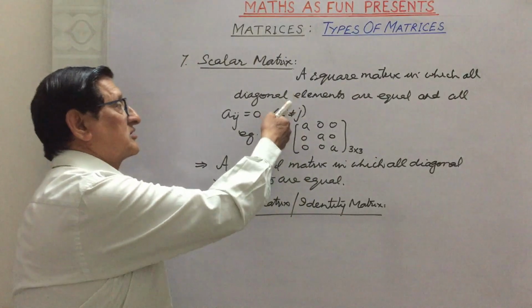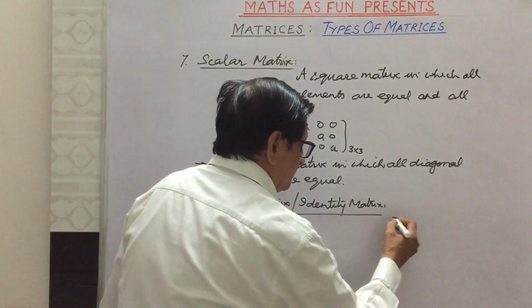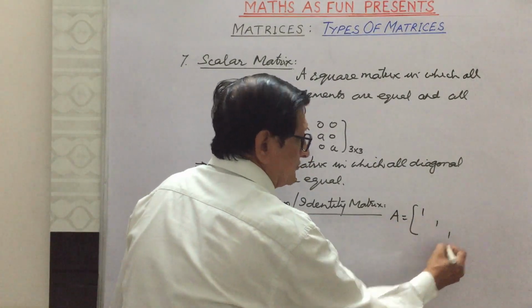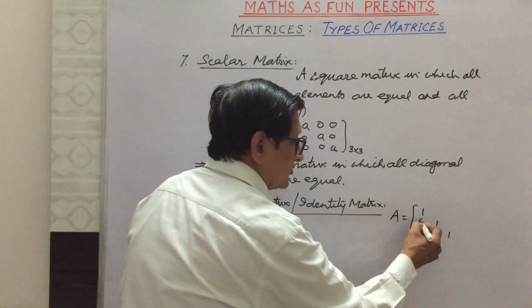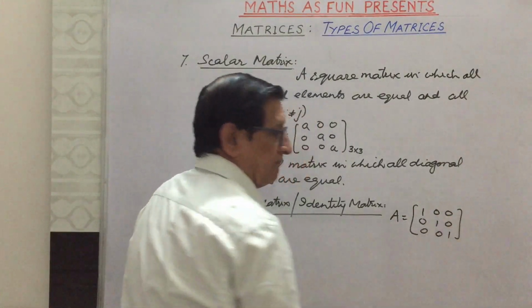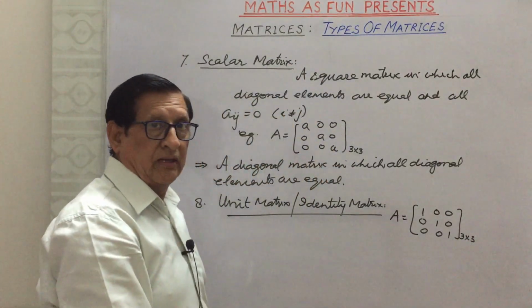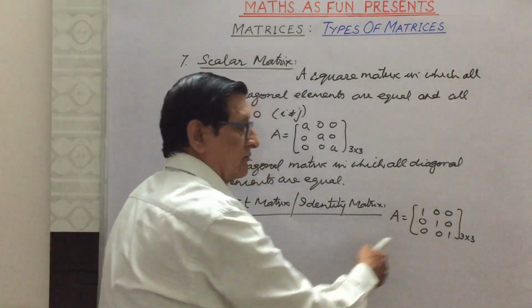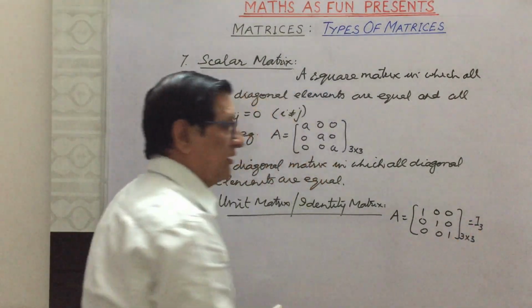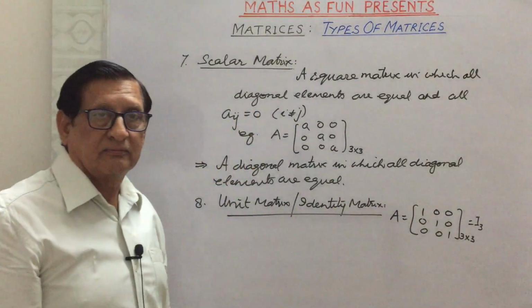This is also a scalar matrix. But in this we find that every diagonal element is 1. 0, 0, all other elements are 0 each. This is of order 3 into 3. Generally we call it as I3, identity matrix of order 3 into 3.